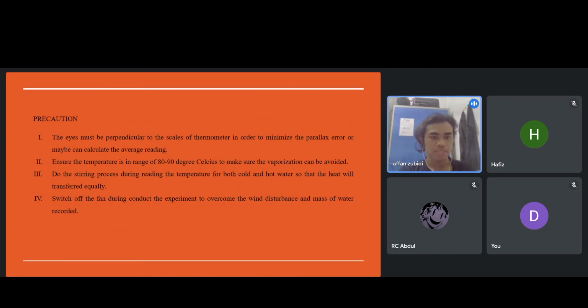Do the stirring process while reading the temperature for both cold and hot water so that the heat will transfer equally. Switch off the fan during the experiment to overcome the wind disturbance, and record the mass of water.